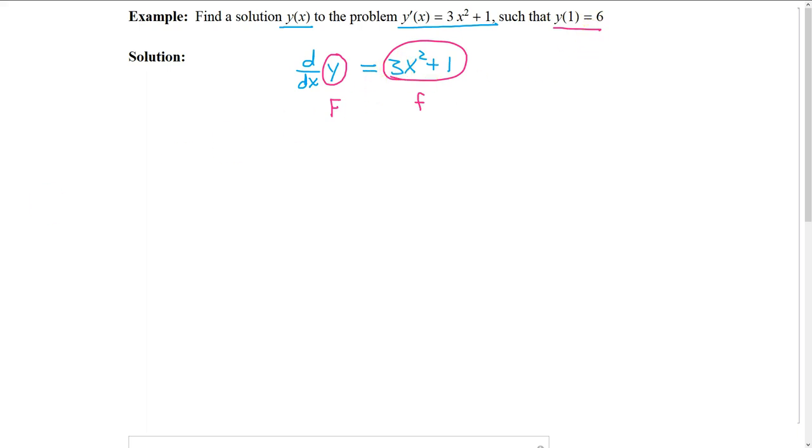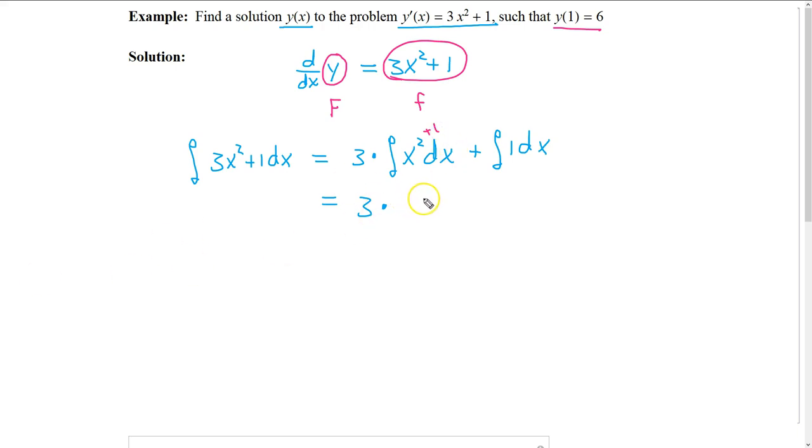So let's do that. If we evaluate the antiderivative of 3x squared plus 1, notice that that is going to equal 3 times, okay, what is the antiderivative of x squared? Well, let's write it out like this first, using the rules. Now this is 3 times, alright, so we anti-differentiate x squared, so we add 1 to the exponent.